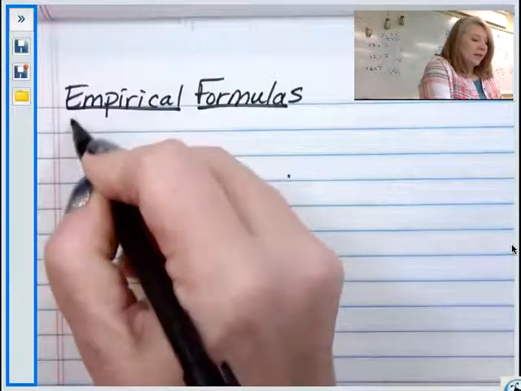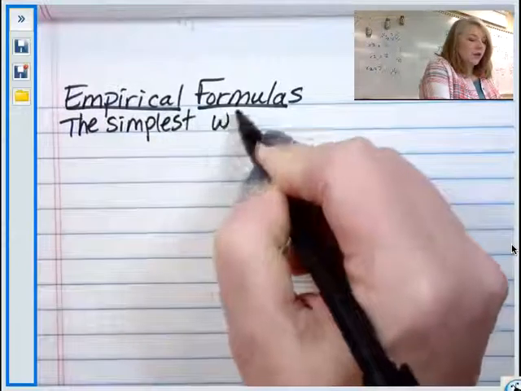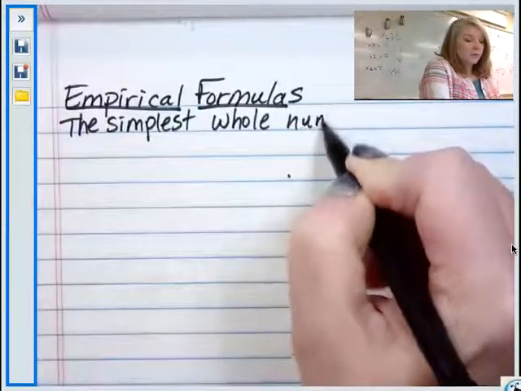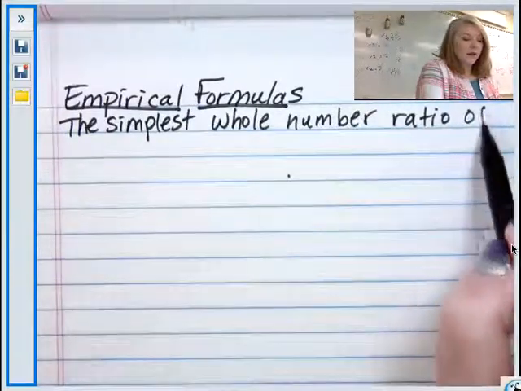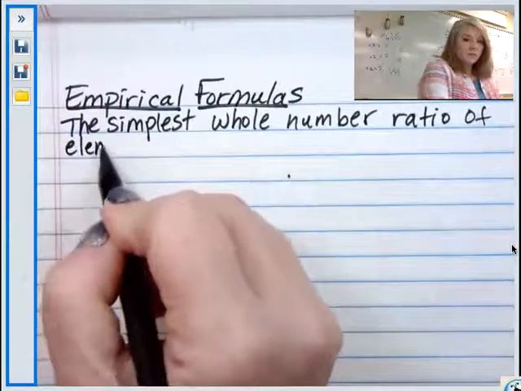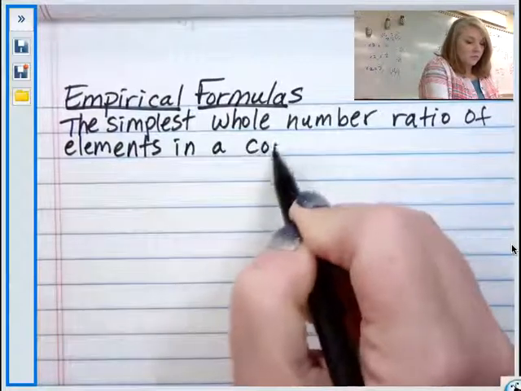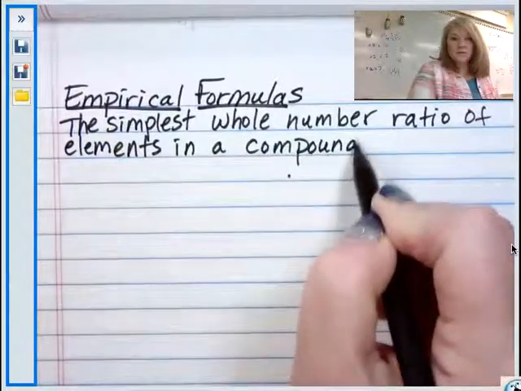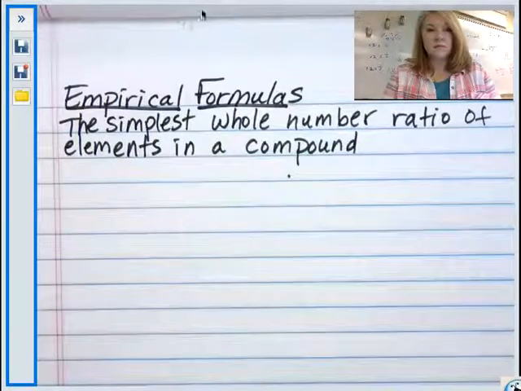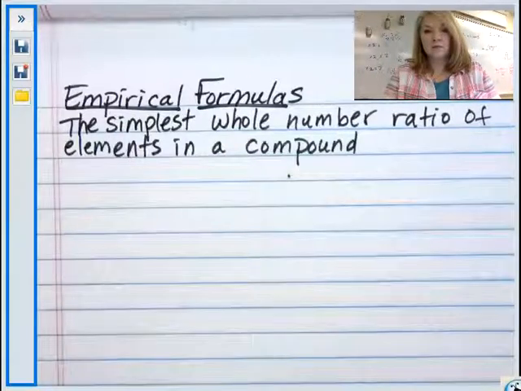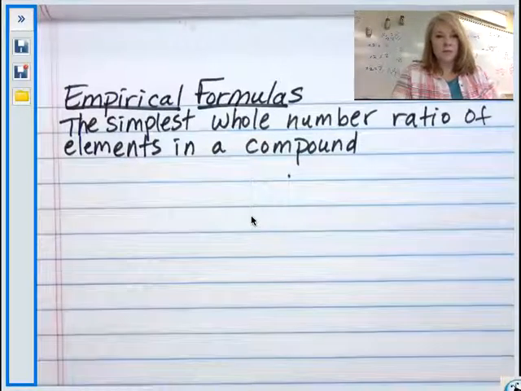An empirical formula is the simplest whole number ratio of elements in a compound. The simplest whole number ratio of elements in a compound.